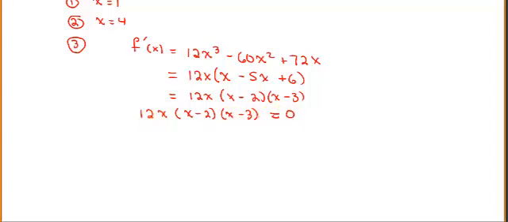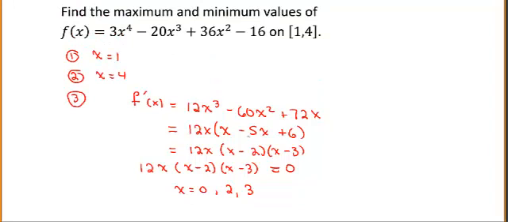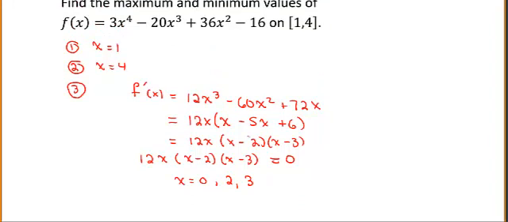So I'll set that derivative equal to 0, and I get x is equal to 0, x is equal to 2, or x is equal to 3. Those 3 values make this derivative 0. And all but one of them are on our interval. We're not worried about 0 because 0 lies outside of the interval.